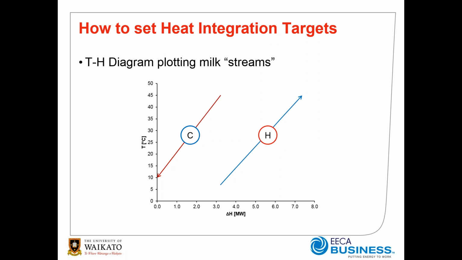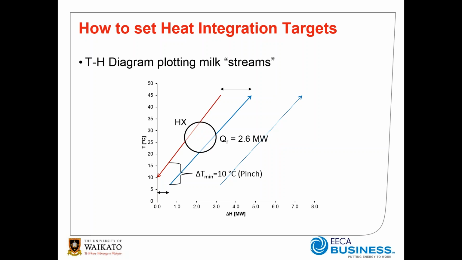If we were to take the cold stream and start to move it to the left-hand side of the diagram, we can start to show on the diagram how to recover heat. We can place a heat exchanger in the middle here between the two streams, and we can recover 2.6 megawatts of heat.